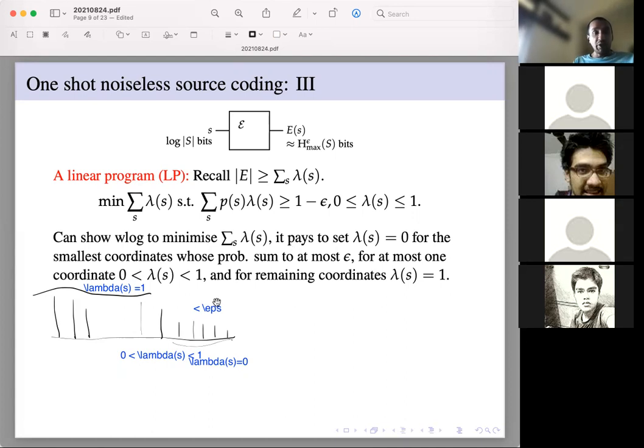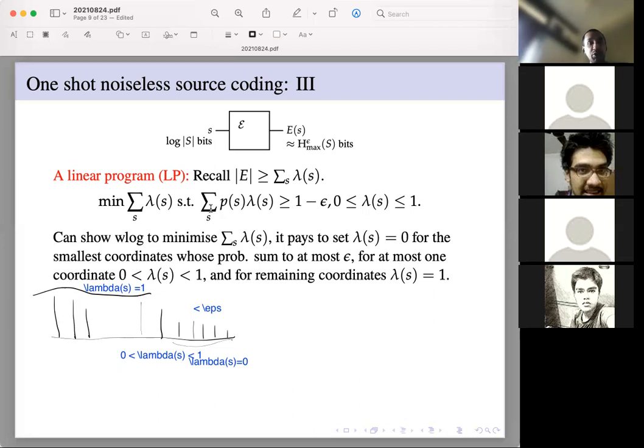So what remains to be proved is that this tail which I've zeroed out, the lambda s's which have been zeroed out, will add up to something less than or equal to epsilon. Why is that the case? Let us see. These are the guys where lambda s is equal to 1.